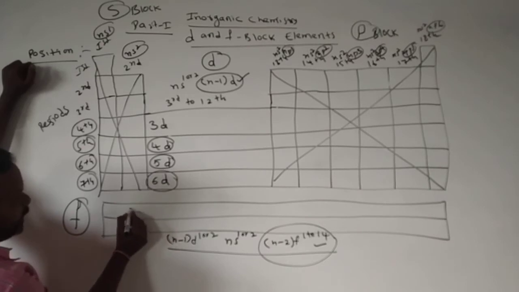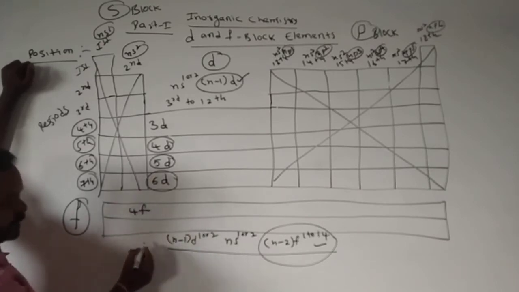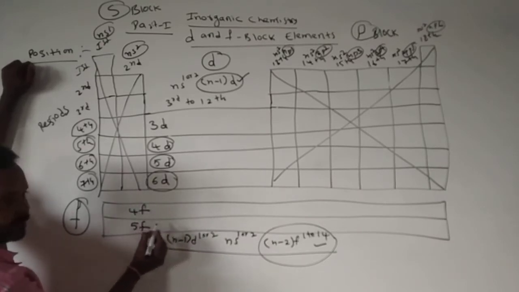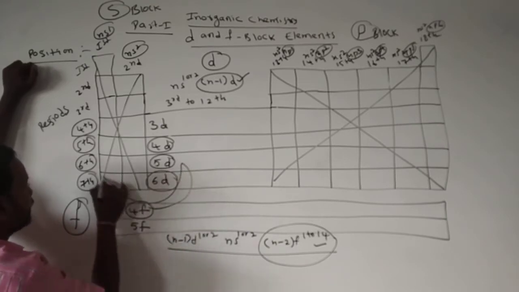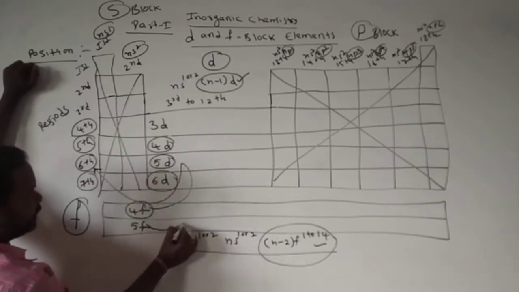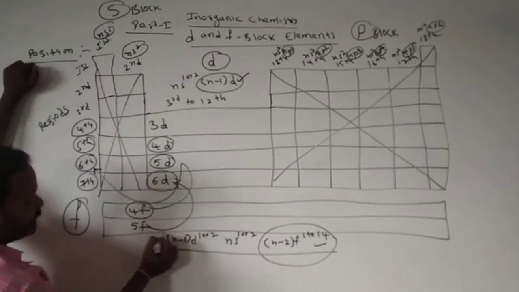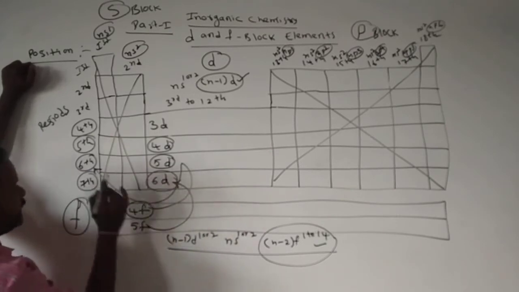The f-block elements are arranged in the 4f series and 5f series. The 4f elements belong to the 6th period, and the 5f elements belong to the 7th period.